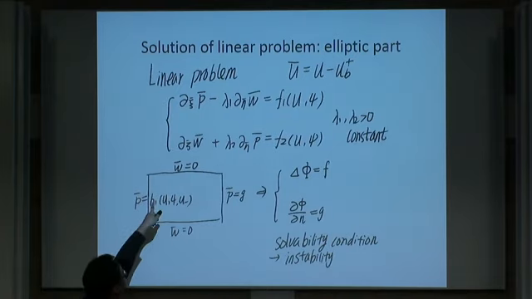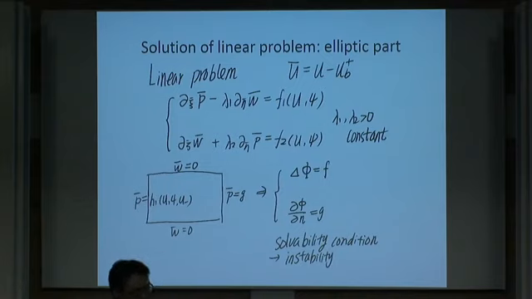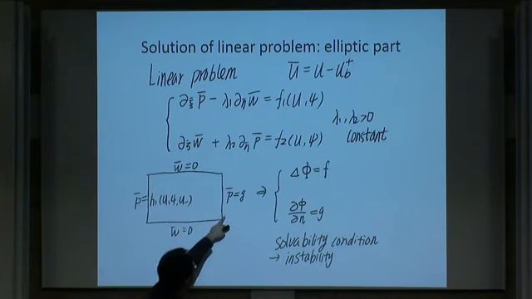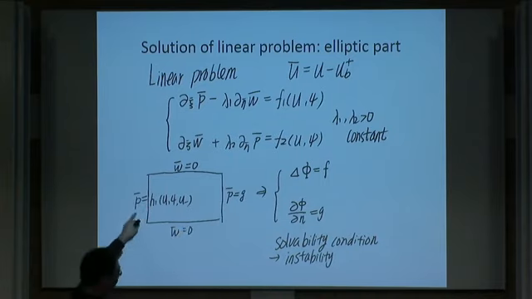This is a Cauchy-Riemann system of the pressure and W. And F1, F2 are non-homogeneous terms. And the boundary conditions are like this. Here, the pressure and W, and here, the pressure. This comes from the linear problem. From G1 and G2 equal 0, we linearize it and get this.